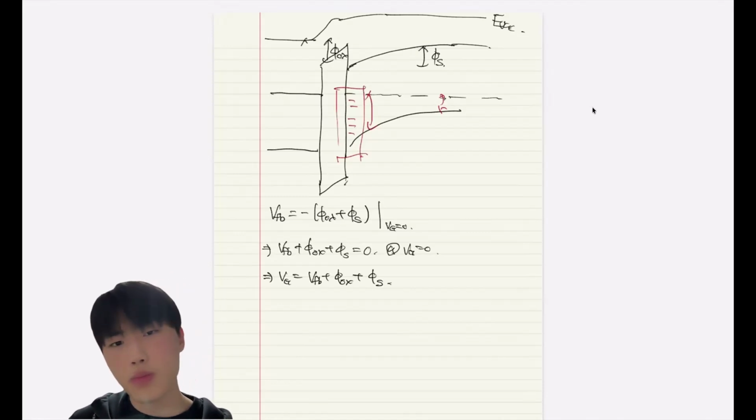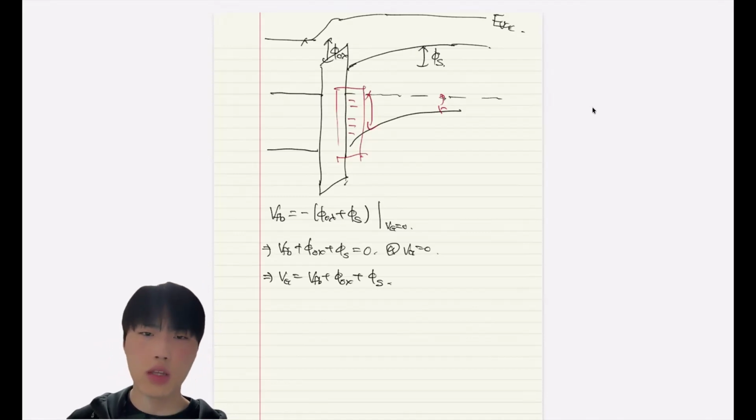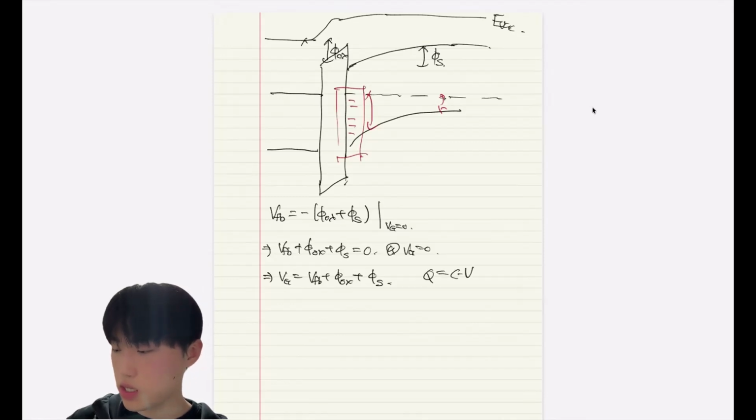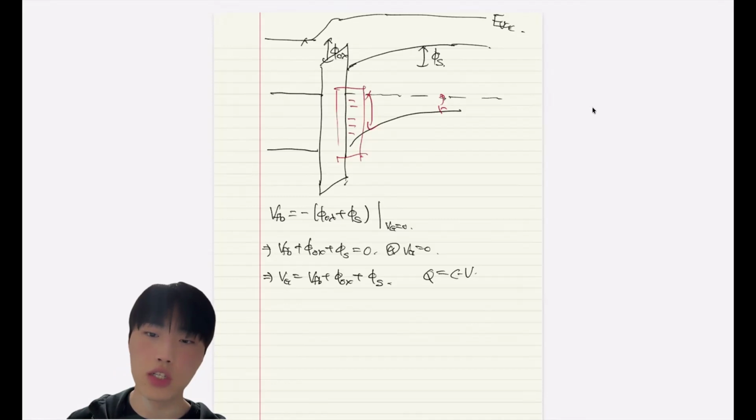But actually the oxide part is some kind of capacitor. It acts like a capacitor. As we learned in electromagnetics, the formula of the capacitor is Q equals CV, where Q is the charge, C is the capacitance of the capacitor, and V is the voltage.